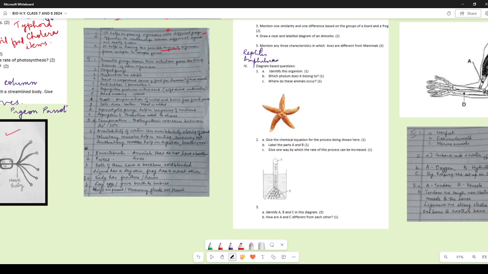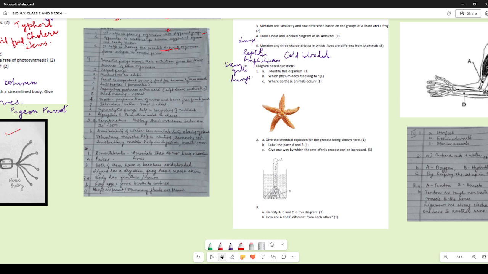So what are you supposed to do? You have to give one similarity. So if you're talking about similarities, then both of them are cold-blooded, and one difference. So reptiles breathe only through their lungs, whereas the amphibians can breathe through the skin, gills, and the lungs.